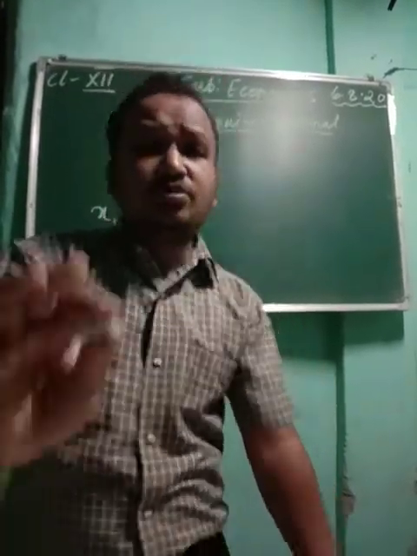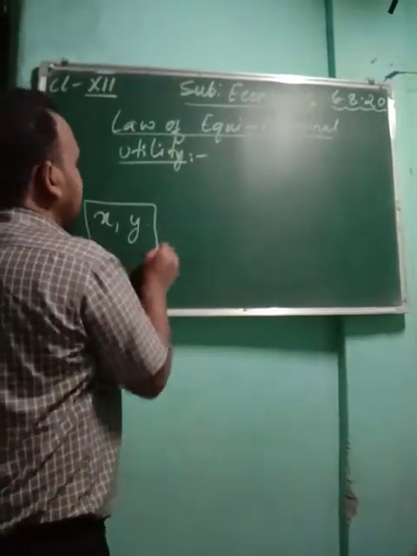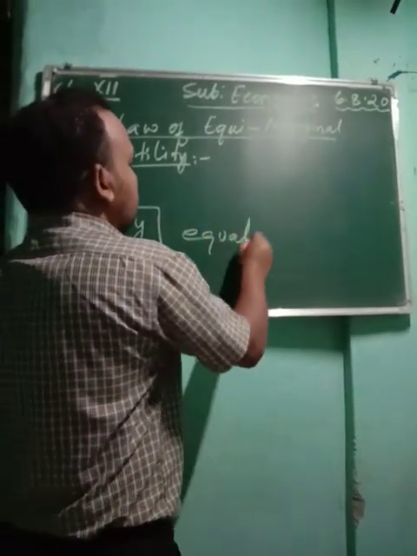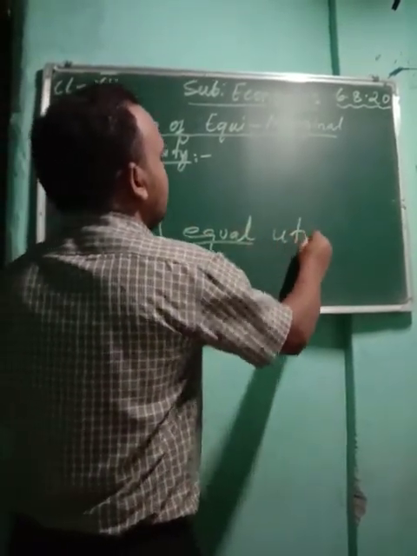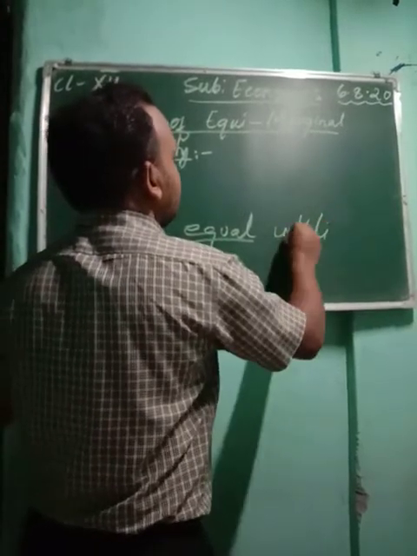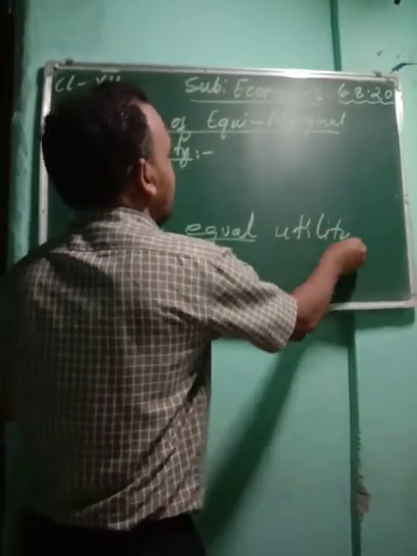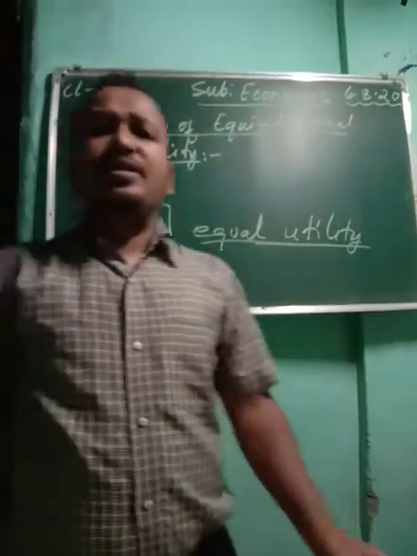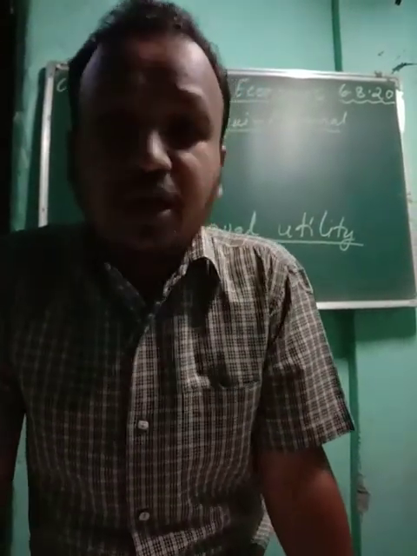So when a consumer will consume two commodities, a consumer is going to get equal utility. That means a consumer is going to get the same satisfaction from both the commodities.